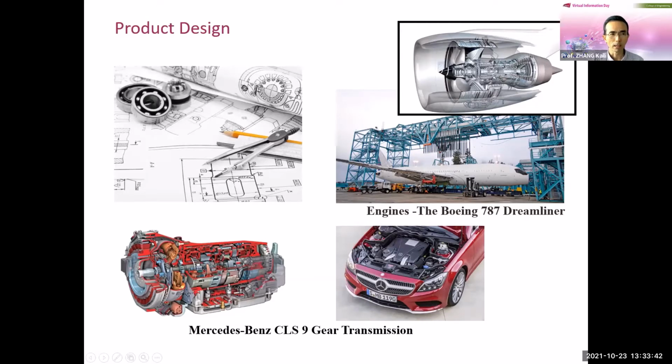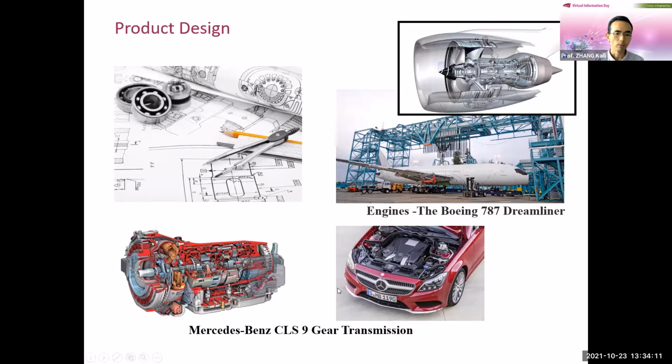So how to design a proper engine with high reliability, because the engine needs to be operated at a high temperature and high speed for a long time, is very important for the safety of the airplane. So for the design, our mechanical engineers will play one of the important roles in designing the engine.